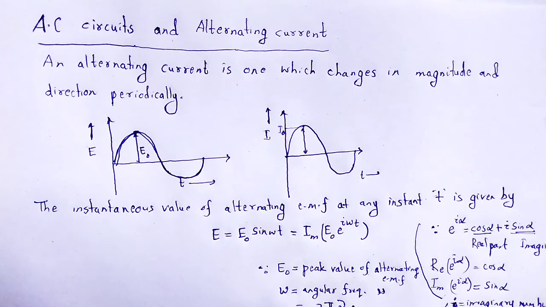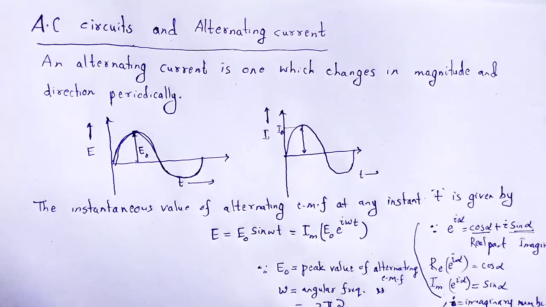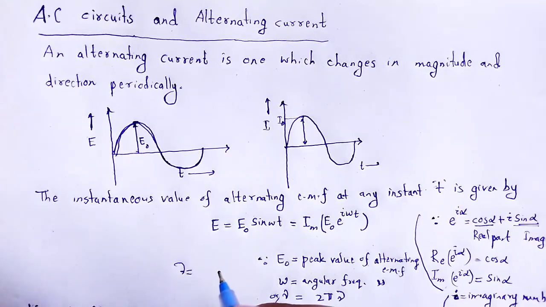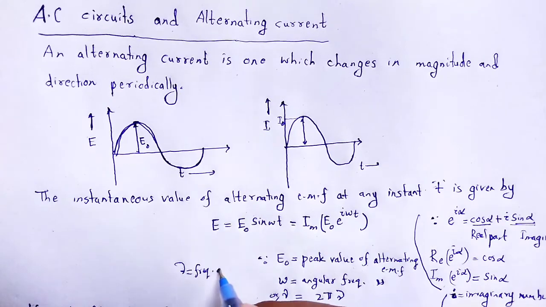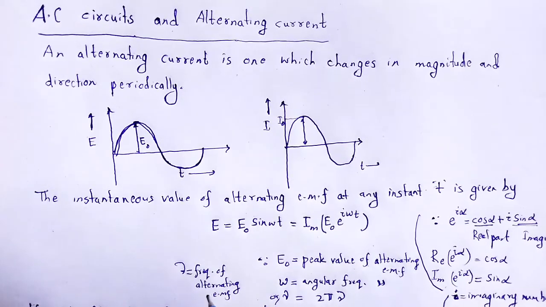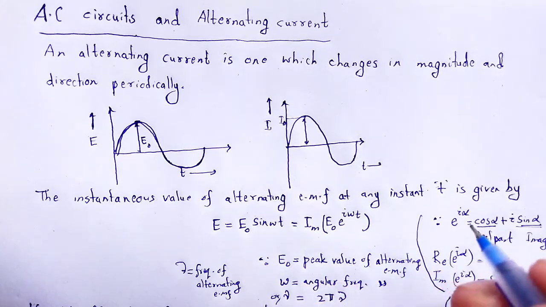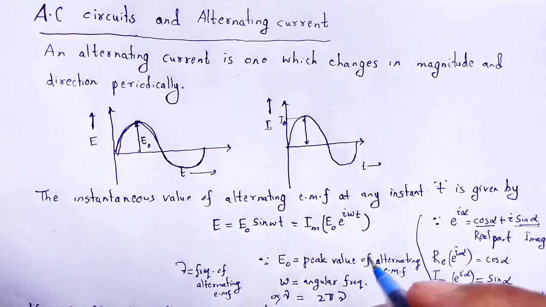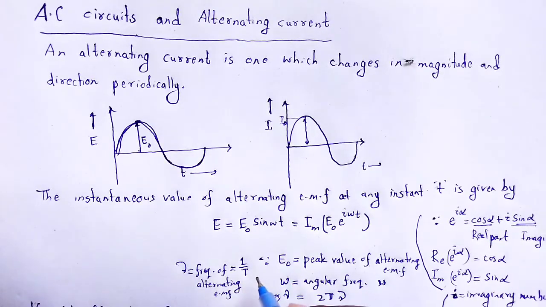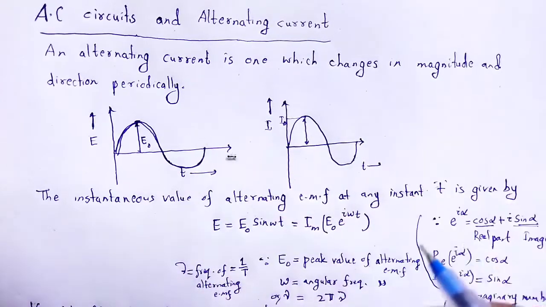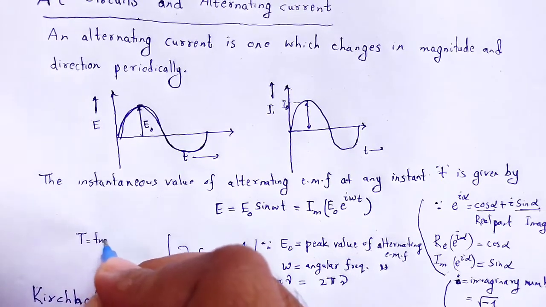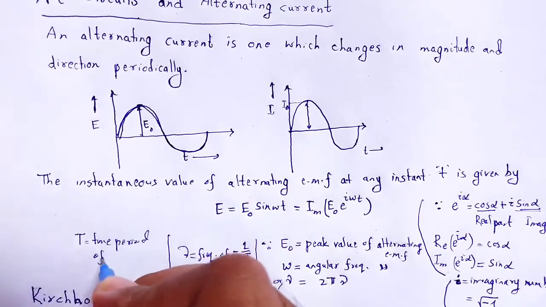Nu is the frequency of the alternating EMF and is equal to one by time period, which is 1 by T, where T is the time period of one oscillation.